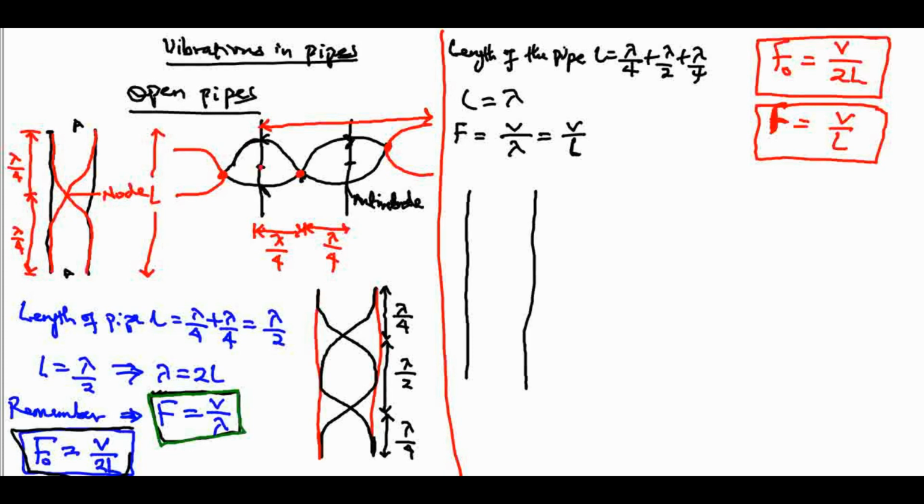So I am starting with an antinode, then an antinode, right? Yeah. So our pipe has to be longer because the wave is now longer.